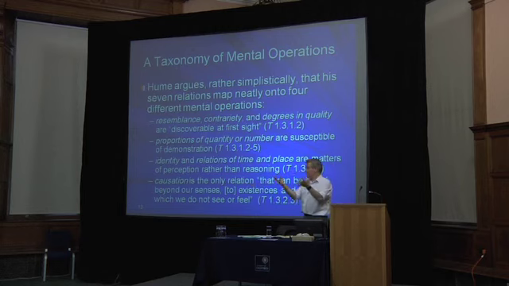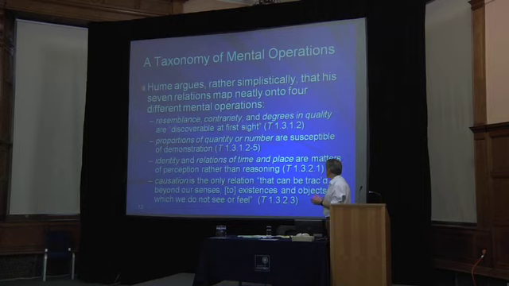They either resemble or they don't, and you can just see that. And that's a constant relation, because the relation can't change as long as the things remain the same. They either resemble or they don't. Contrariety, degrees in quality, the same is supposed to hold. Proportions of quantity or number, that's more complicated. Mathematical relationships, which is what we're talking about here, sometimes require great calculation in order to discern them.